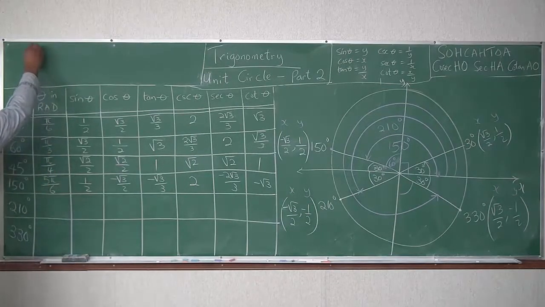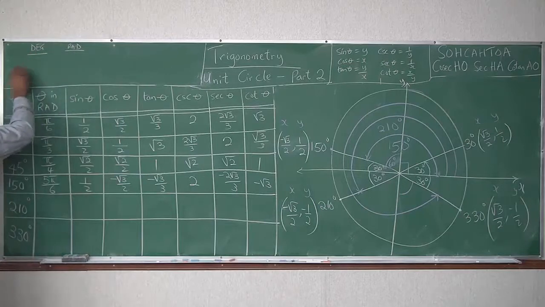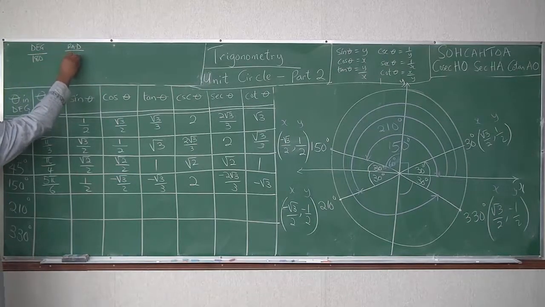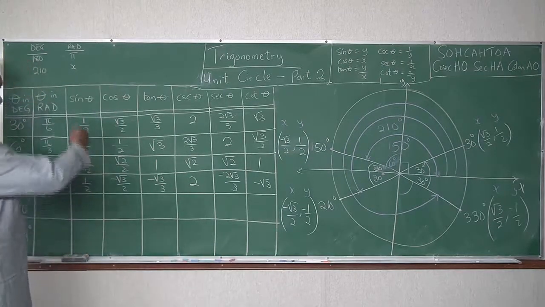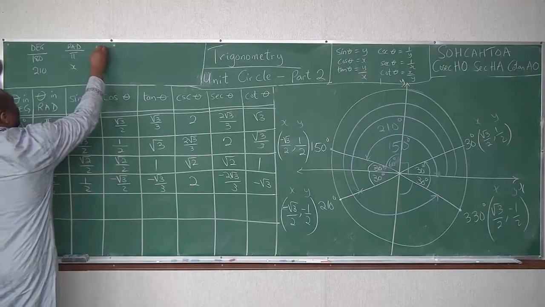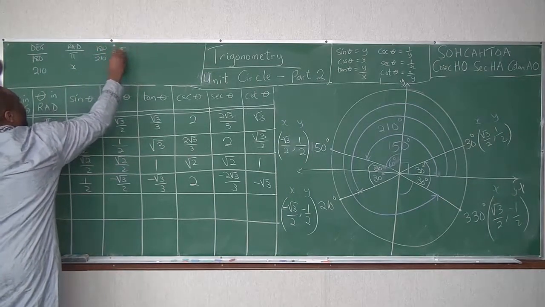If you have a degree and you have radian, use the method of proportion. You see that 180 degrees is pi radian. So 210, what will it be? You can now say x. If you write it, you can cross multiply. 180 over 210 is equal to pi over x.